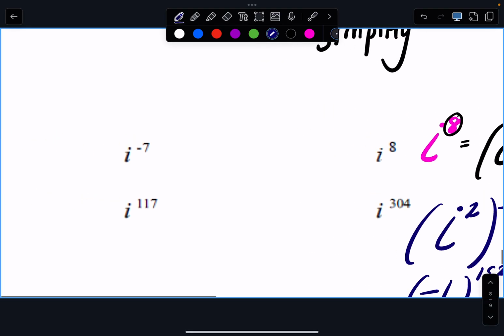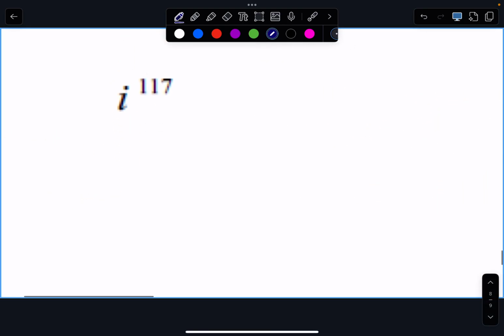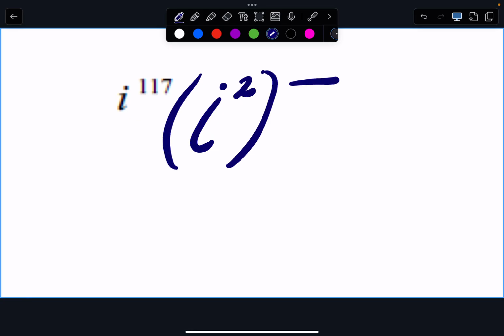Okay, let's look at i to the 117th first. Start with i squared, raised to a power. You're not going to be doing decimals. So if you take 117 and divide by 2, it's a decimal.